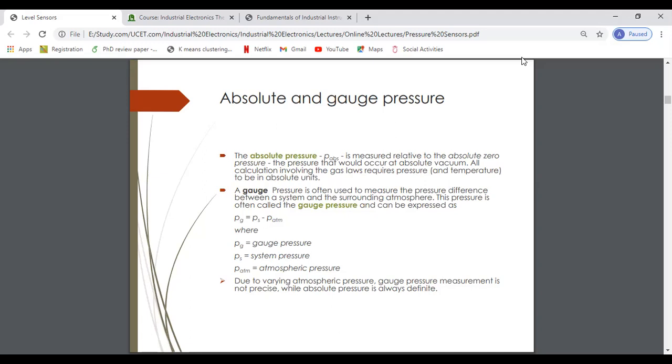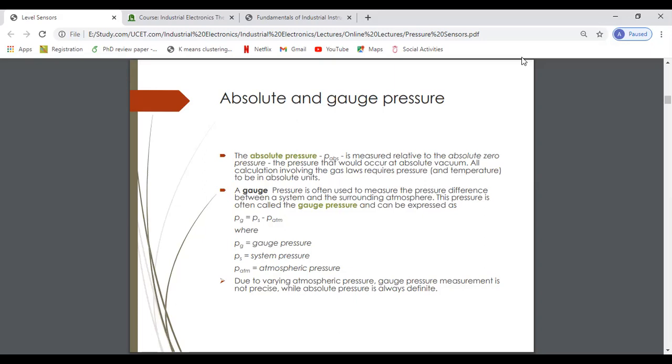In cases like this, it is more appropriate to describe pressure in a relative sense, compared to atmospheric pressure. This is called gauge pressure, which is often used to measure the pressure difference between a system and the surrounding atmosphere.